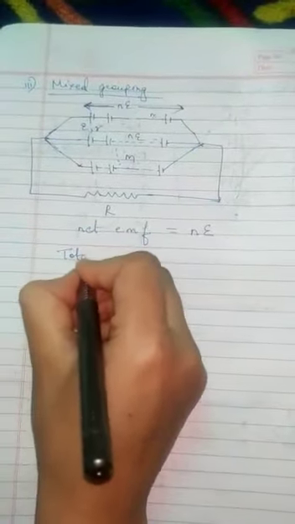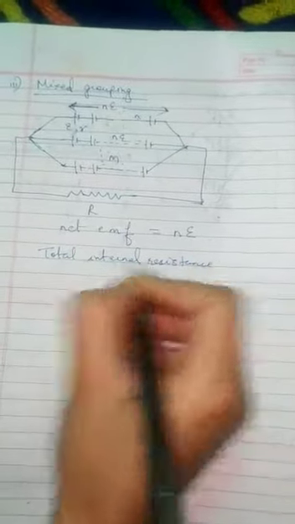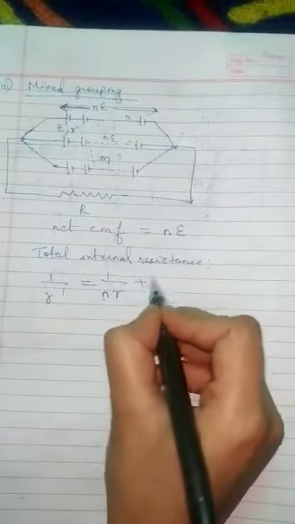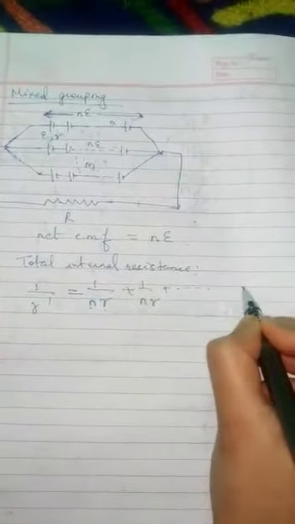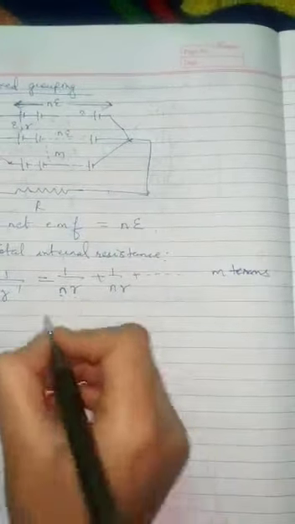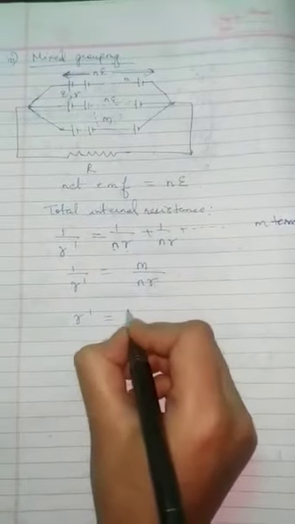Now the total internal resistance: 1 by R dash will be equal to 1 by NR, because the resistance of each row will be equal to NR, summed up over M rows. So 1 by R dash will be equal to M divided by NR, or R dash, the effective resistance, will be equal to NR divided by M.